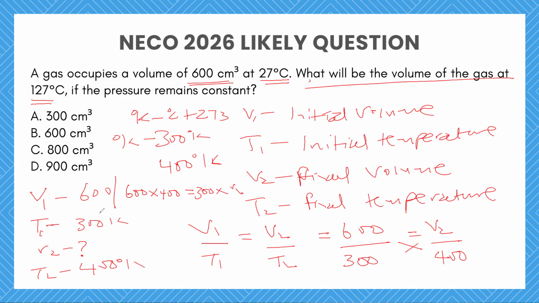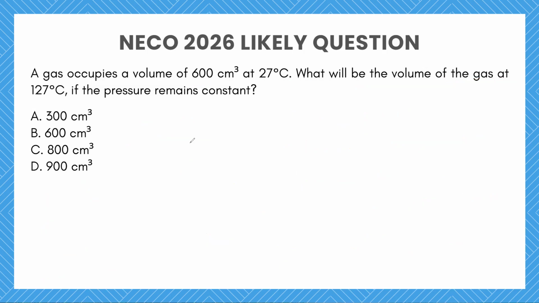So allow me to clear up my screen a bit to have some space. 600 multiplied by 400, that gives us 240,000. This is equal to 300 V2.